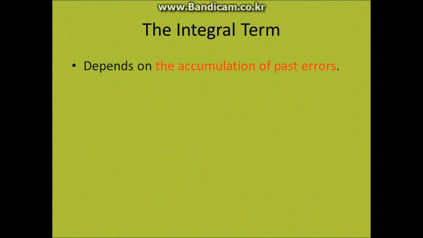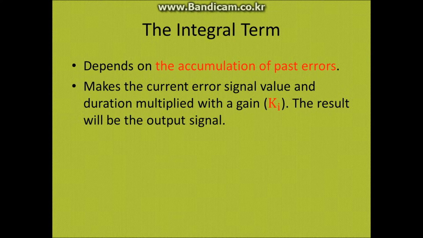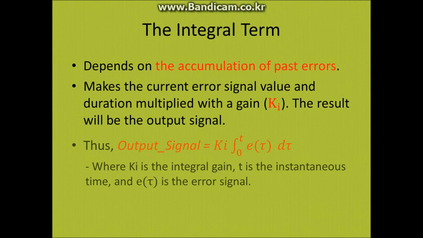The integral term depends on the accumulation of past errors, and it makes the current error signal value and duration multiplied with a gain Ki. The result will be the output signal. So the output signal will be mathematically expressed as Ki times the integral from 0 to t of e of tau d tau.